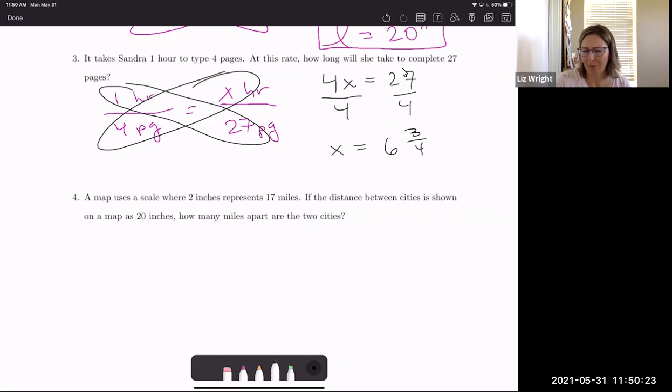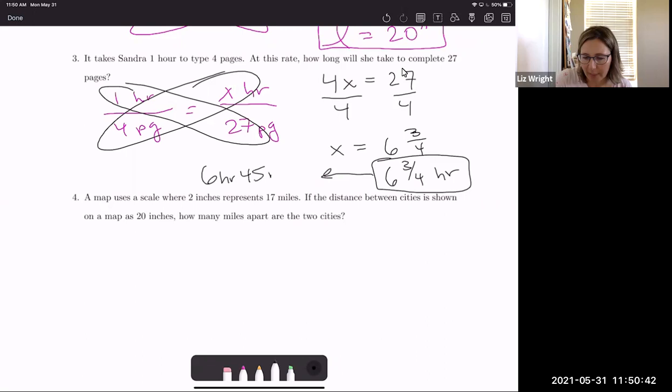Then I have to remember, what does this even represent? X is the number of hours. So it's going to be 6 3/4 hours for her to do the 27 pages. Or if you wanted to, you could be super fancy and say 6 hours and 45 minutes, because 45 minutes is 3/4 of an hour.